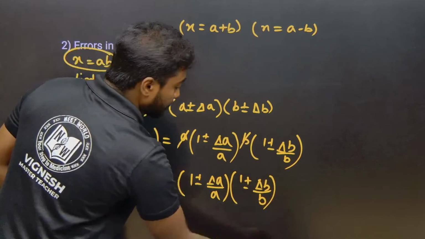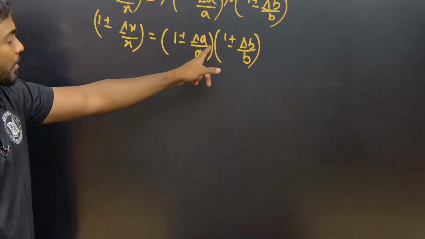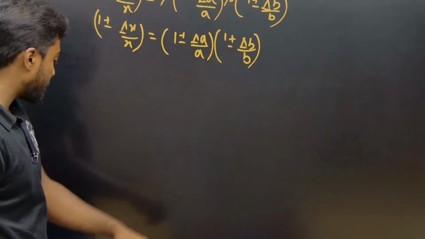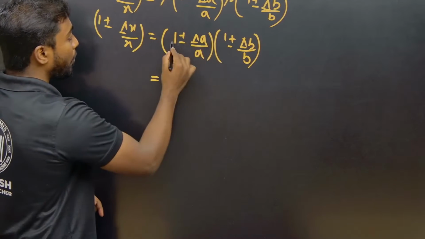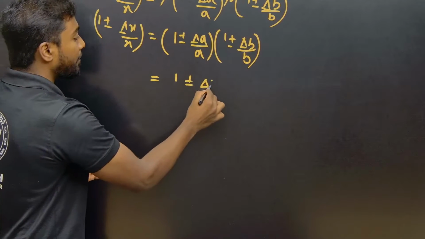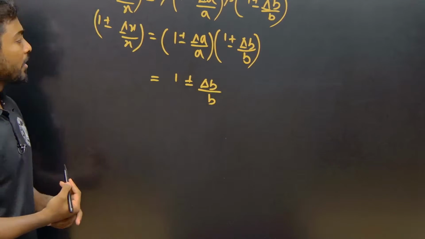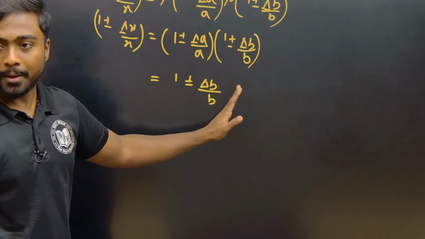Okay. So now I can expand this. 1 plus or minus delta a by a, 1 plus or minus delta b by b. If I expand this, what will happen? 1 into 1 is 1, 1 into plus or minus delta b by b, plus or minus delta b by b. Similarly, delta a by a into 1, plus or minus delta a by a, and delta a by a into delta b by b.